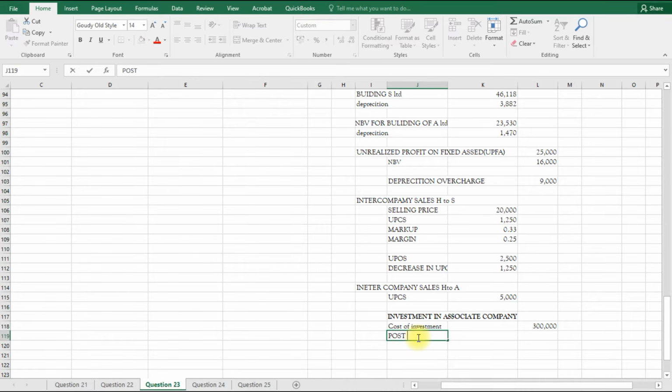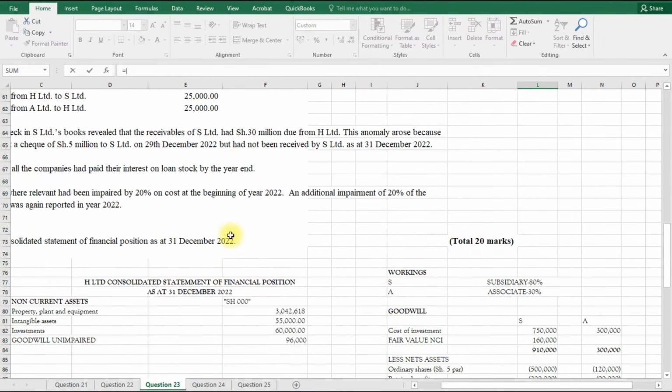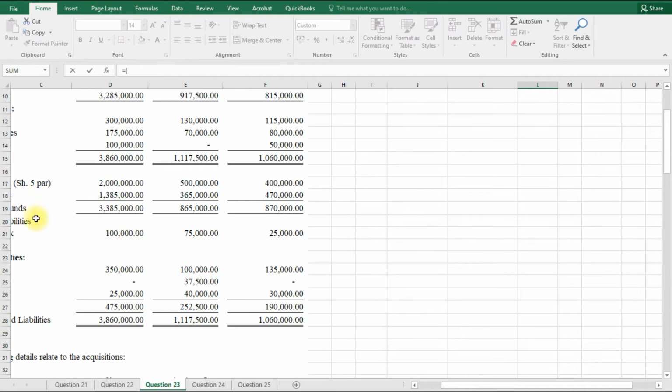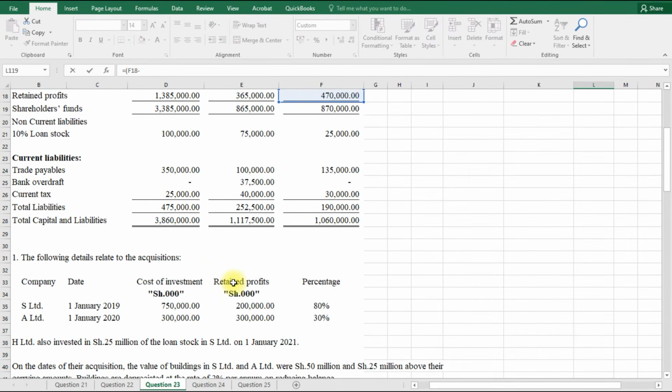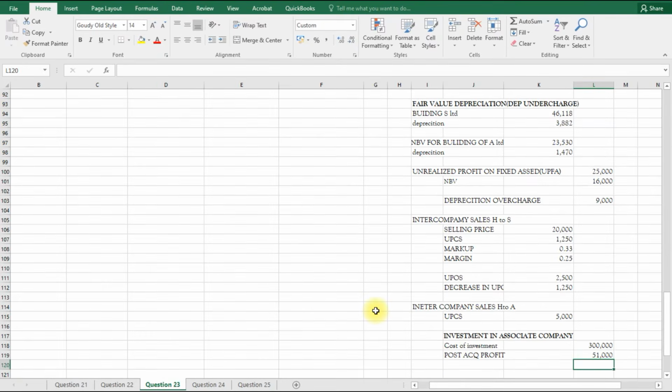The post acquisition profit will be, I will open the bracket, the profit at the financial position, our retained profit for this, it was 470, and I will minus the pre-acquisition, by the time we are acquiring, it had a retained profit of 300, and I will close the bracket and multiply by 30%, because that is the percentage that we are owning.